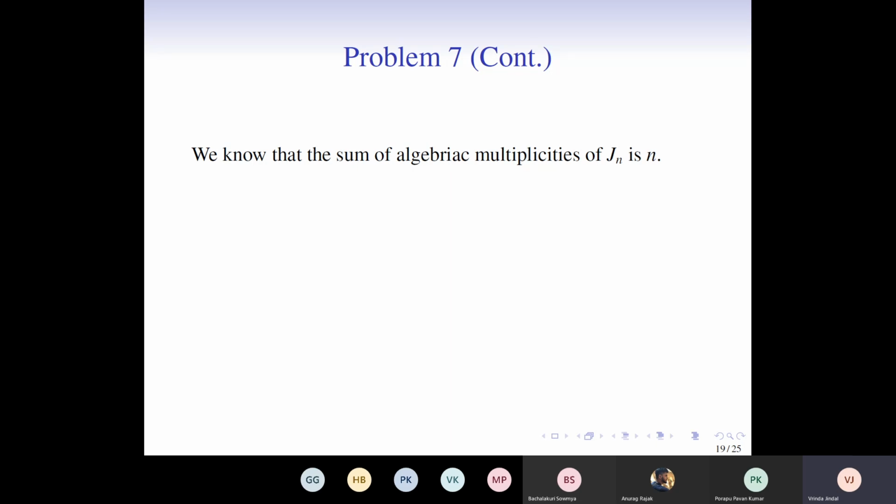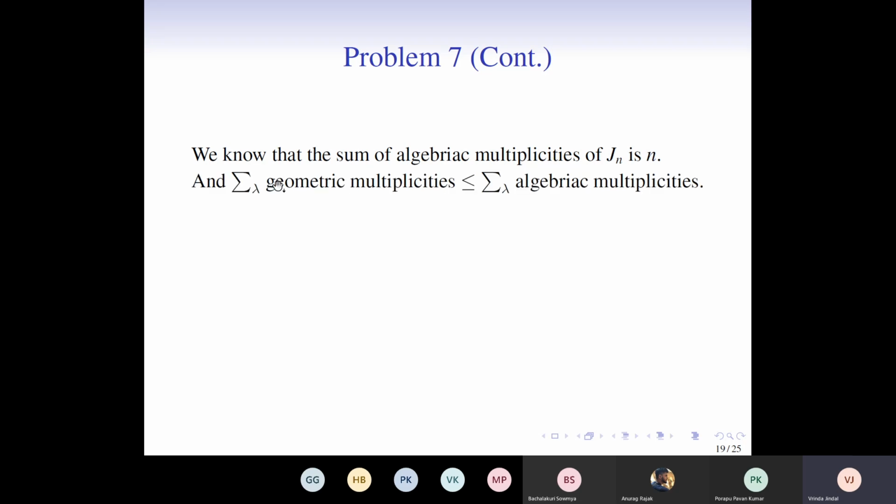So if the characteristic polynomial is x minus 1 whole square, then 1 will be an eigenvalue and its algebraic multiplicity will be 2. Because a characteristic polynomial is a polynomial of degree n, we'll have n roots. So the sum of algebraic multiplicities will be n.